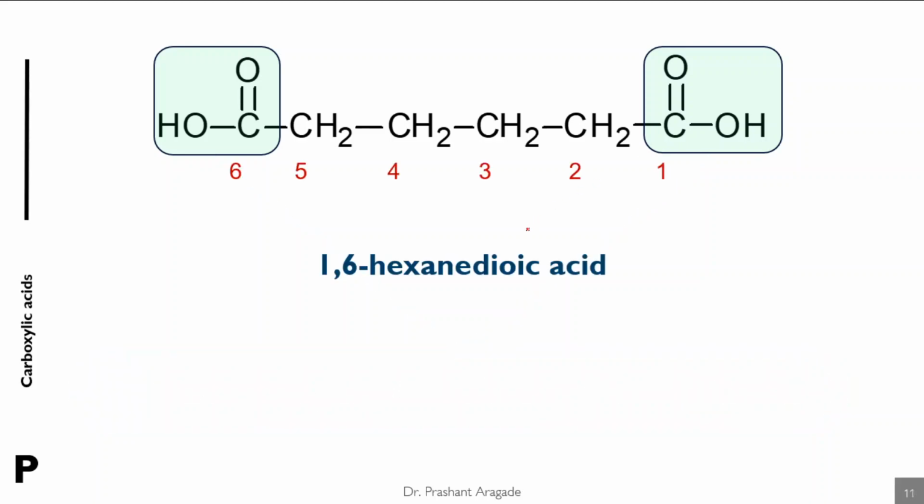So you have to number from either end, and here you have to mention the position number of the carboxyl functional group. If you do not mention it, it also indicates that at both ends a carboxylic functional group is present. So the name of this compound is 1,6-hexane dioic acid. Remember, while you are adding the prefix di, the E of alkane is written. So there is no need to replace it.